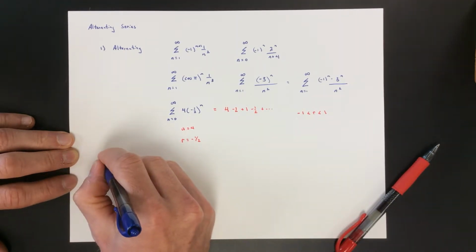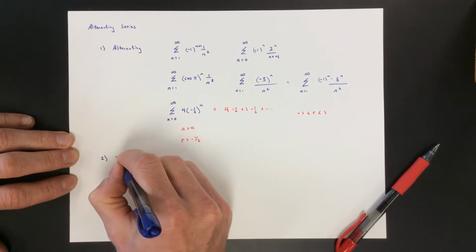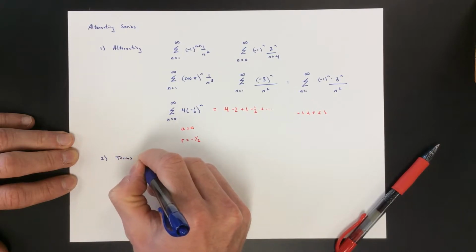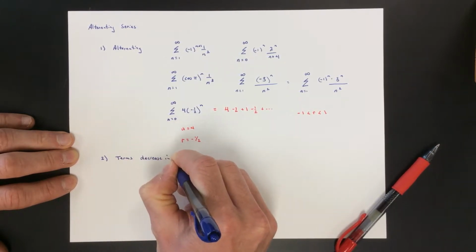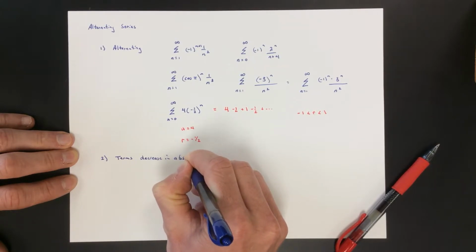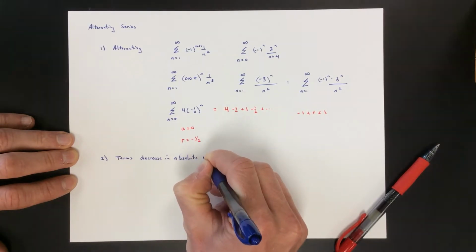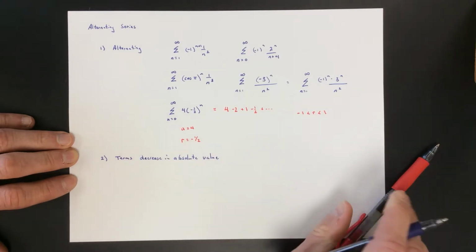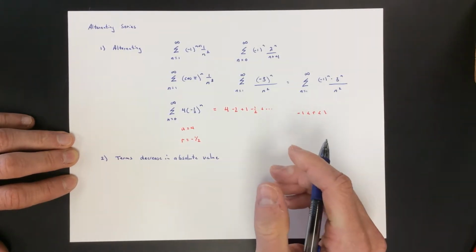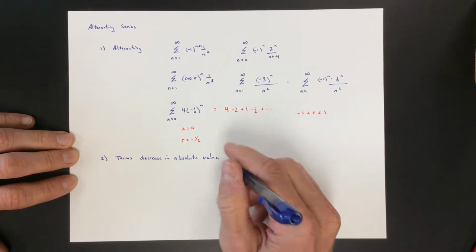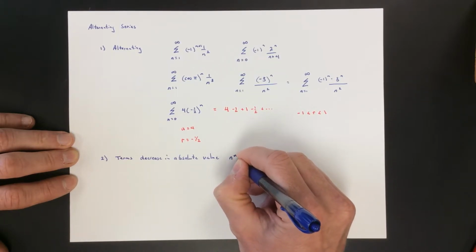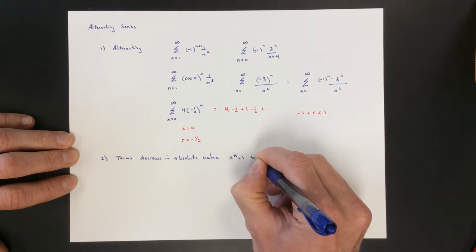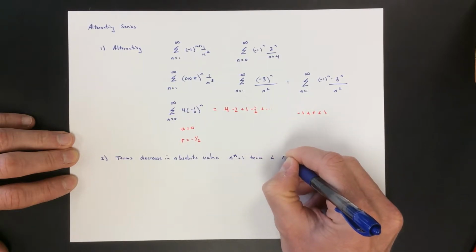Part 2, we need to make sure that the terms decrease in absolute value, so the (n+1)th term is smaller than the nth term.